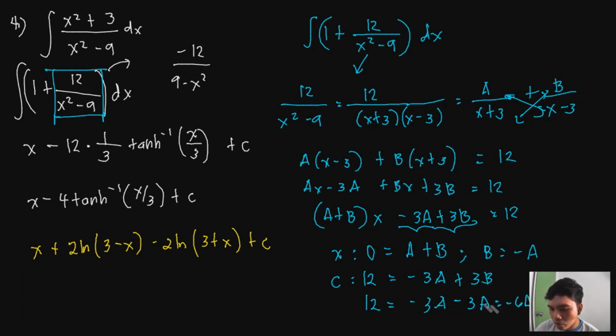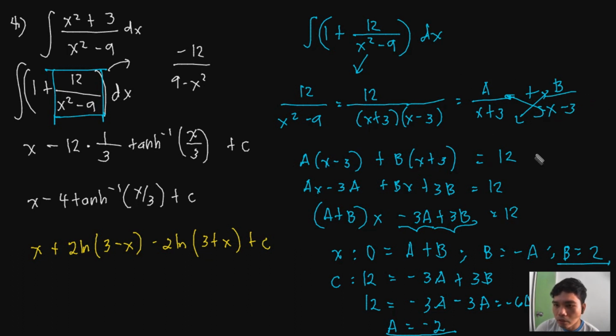Negative 6a equals 12, which becomes a is equal to negative 2. Okay, so therefore, we have a is equal to negative 2, and of course, kung a is equal to negative 2, and that is the negative of b, so that is b is equal to positive 2. Okay, so makes sense. And then we plug this back to your equation here. So we have something like negative 2 over x plus 3.